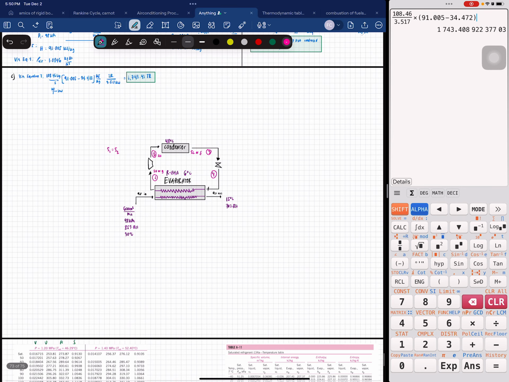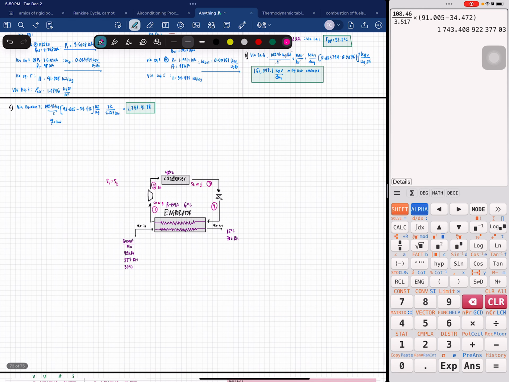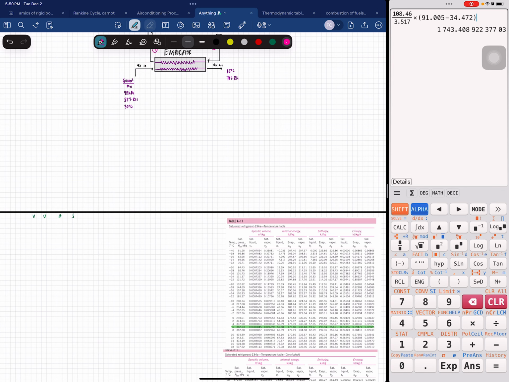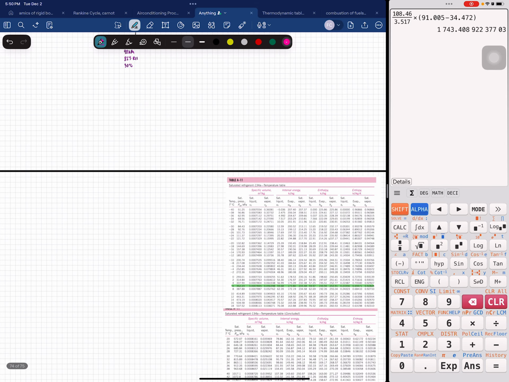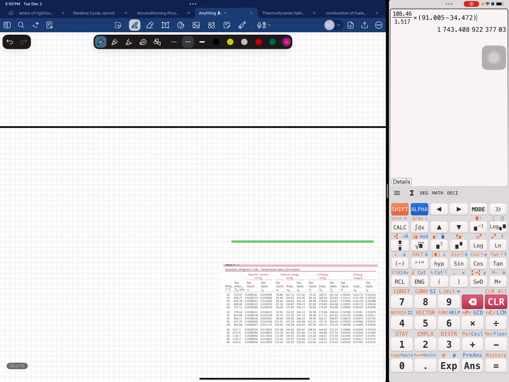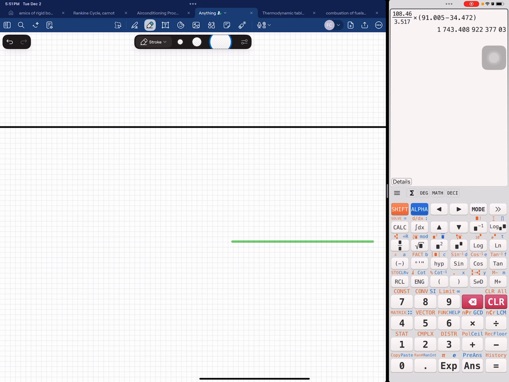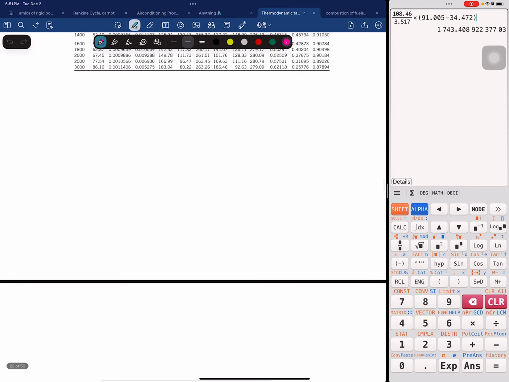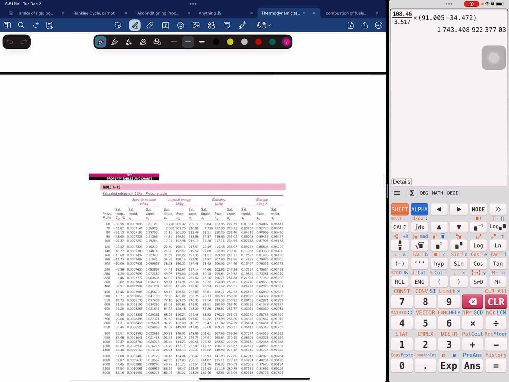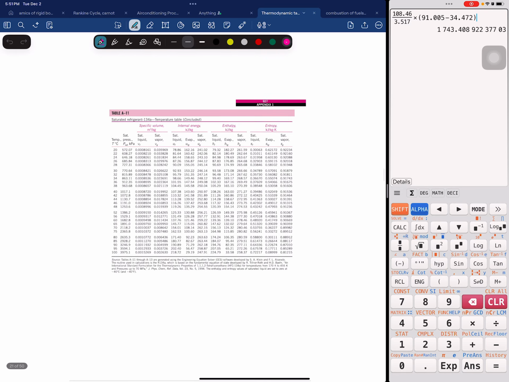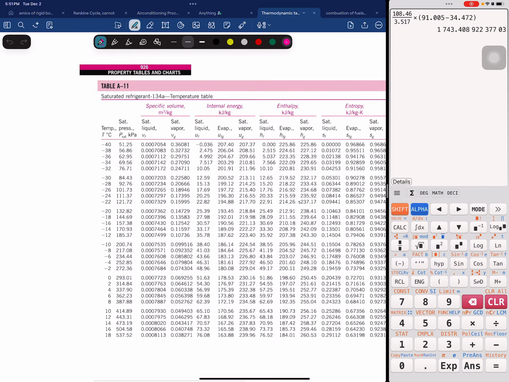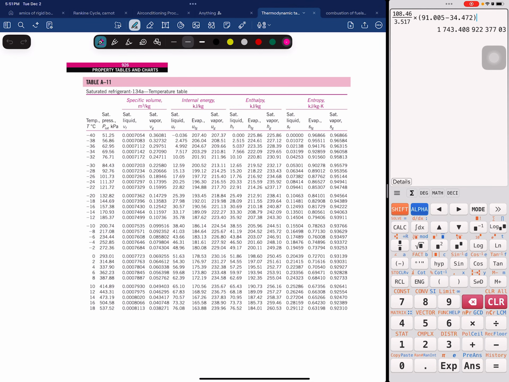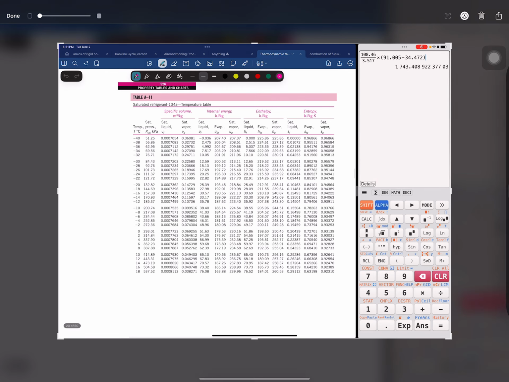Right. So, let's remove it here first. Okay, for our refrigerant 134A, let's try to copy the table.